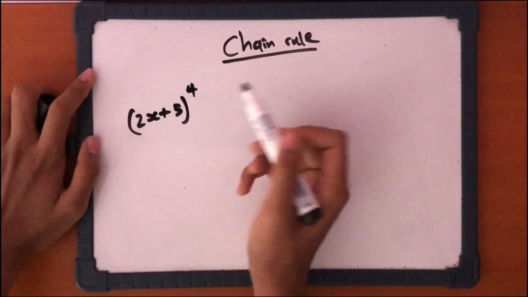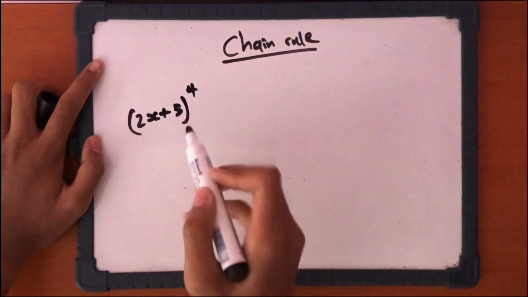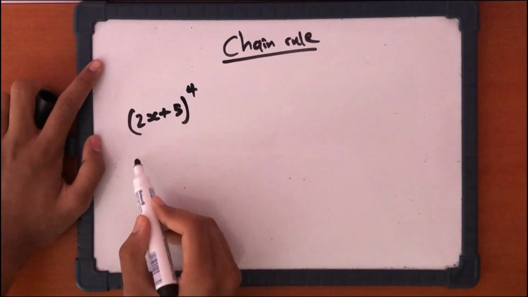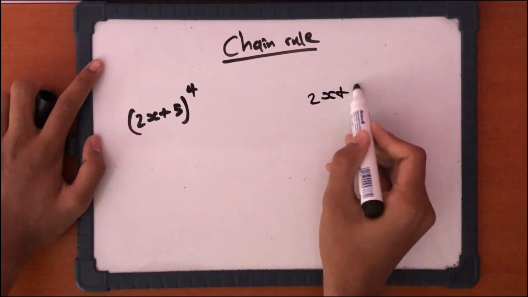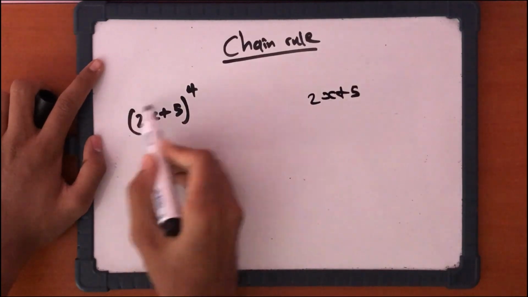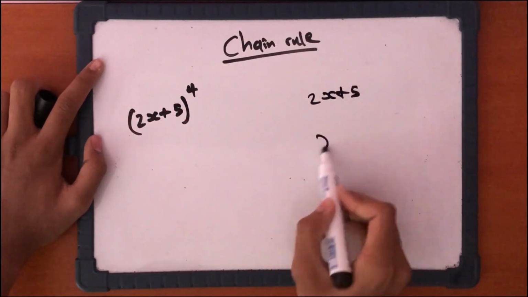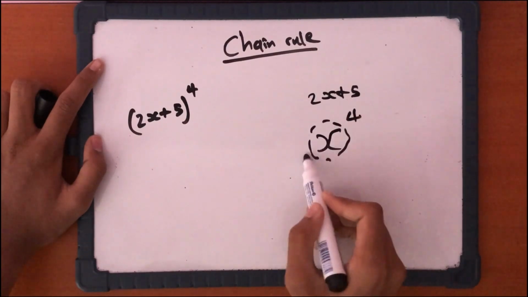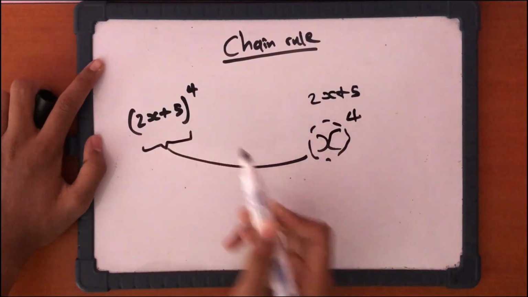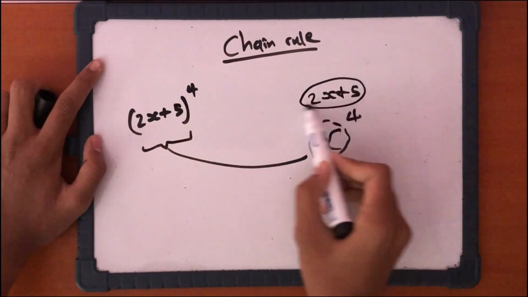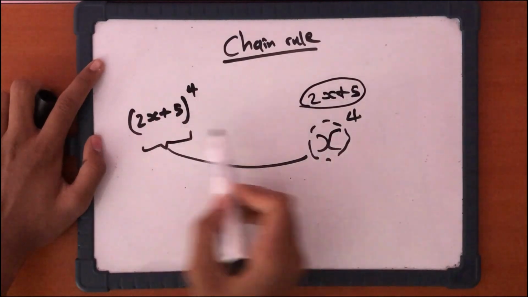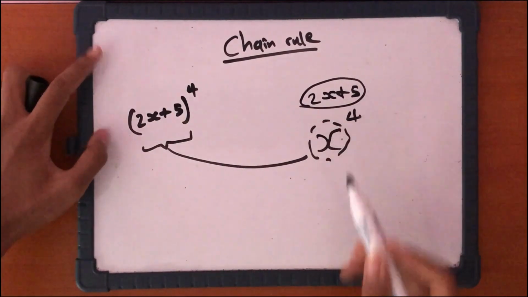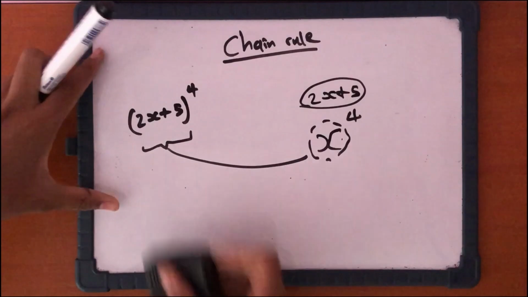So that's why chain rule exists, because this is a function inside of another function. The inside function is 2x plus 5, and the outside function is the whole thing being raised to 4. The outside function is x raised to 4. You can think of this x as being this whole thing. So 2x plus 5 is the small inside function, and the whole thing being raised to 4 is like the outside function. So how do you differentiate this?